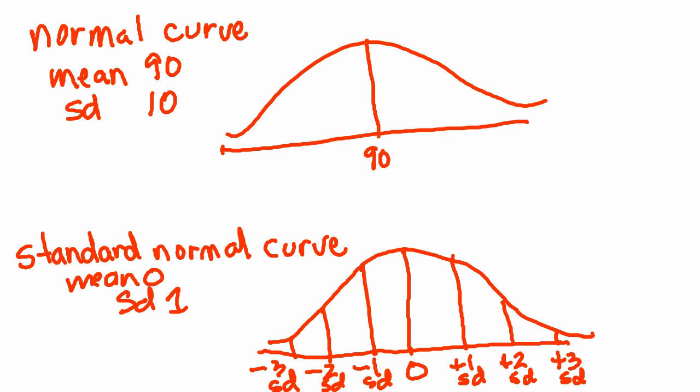and I'll write it down again, but the empirical rule says 68% of our data is between -1 and +1. 95% of the data is between -2 and +2 standard deviations around the mean.